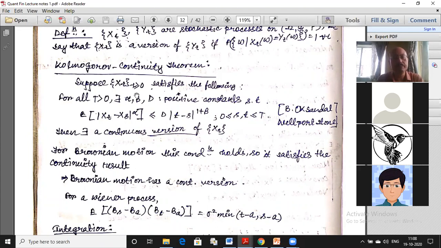Suppose X_t is a stochastic process satisfying the following. For all t strictly positive, I have three constants, alpha, beta, and capital D, such that the expectation of this powered absolute difference, |X_t minus X_s| to the power alpha, is bounded above by D times |t minus s| to the power 1 plus beta.